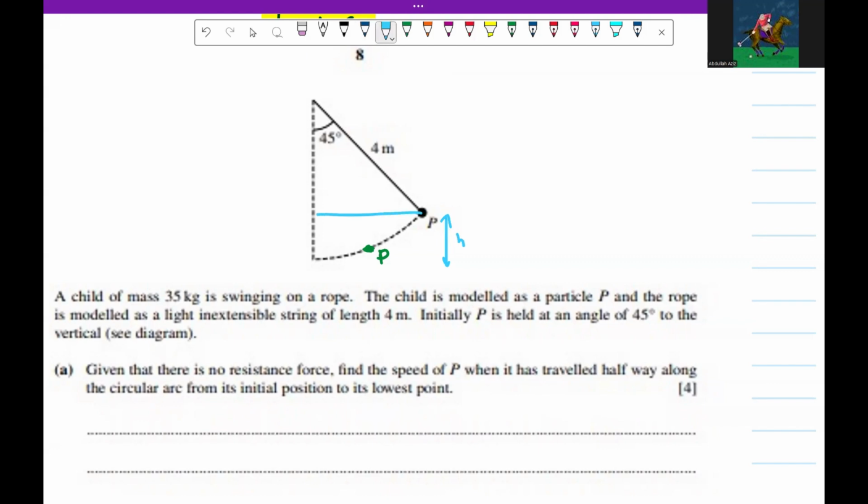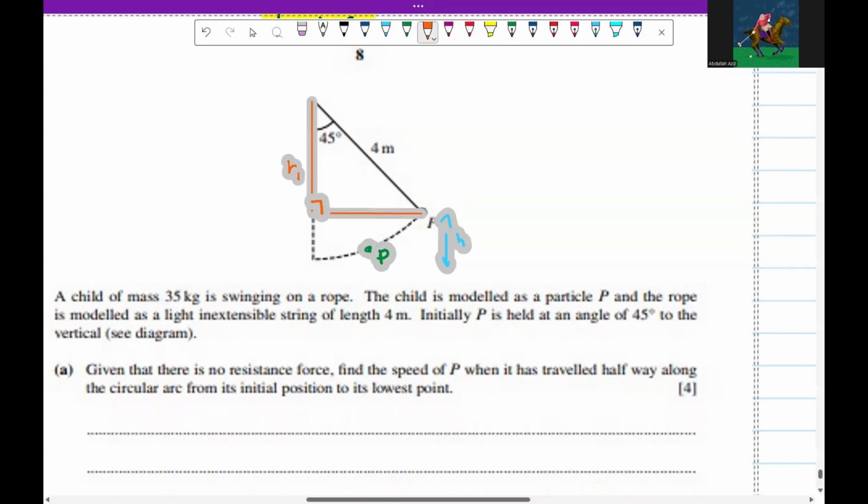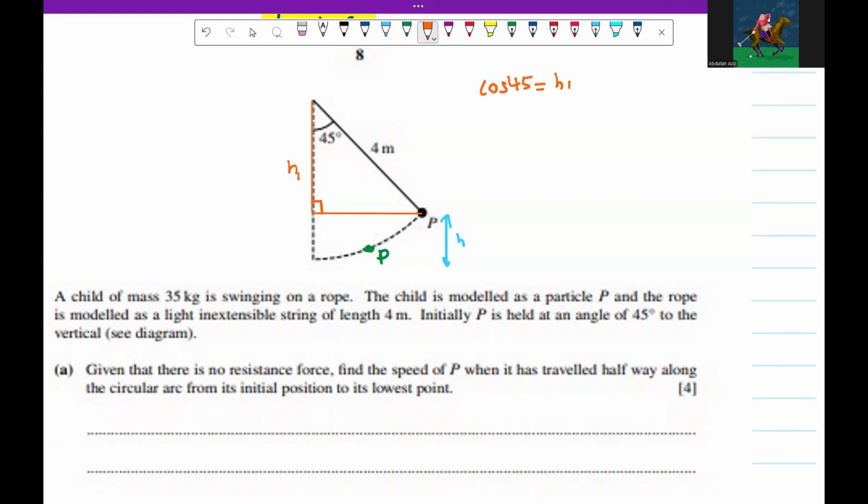So we know over here, let's say this is a right angle triangle. With this H1, we know that cos 45 is equal to H1 over 4.